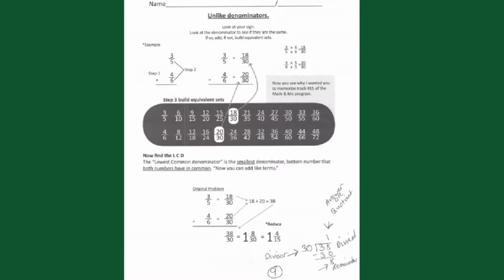The dividend is 38. The divisor is 30. The quotient is 1. And the remainder is 8. So now 38 divided by 30 is 1 and 8 over 30.